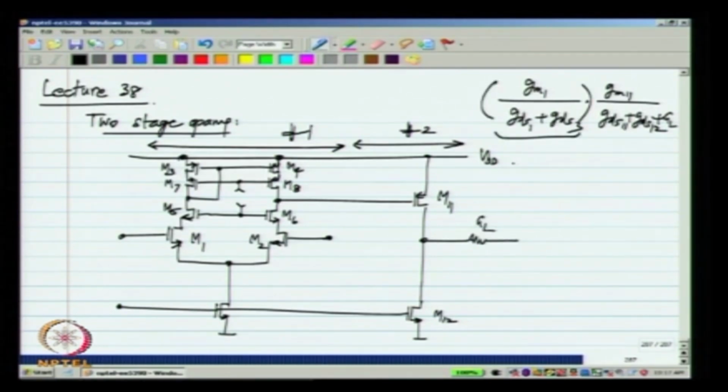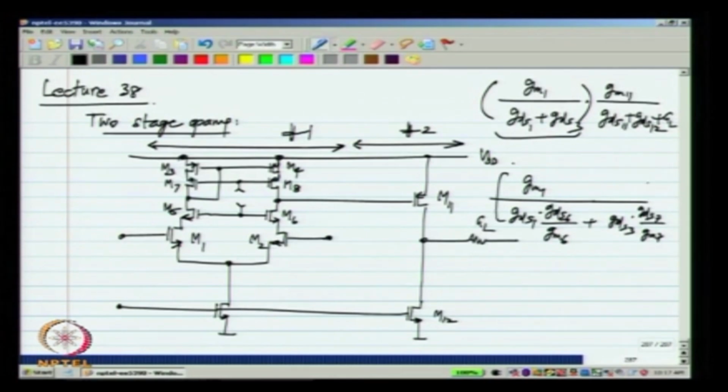Now, this part of it will be replaced by, okay.